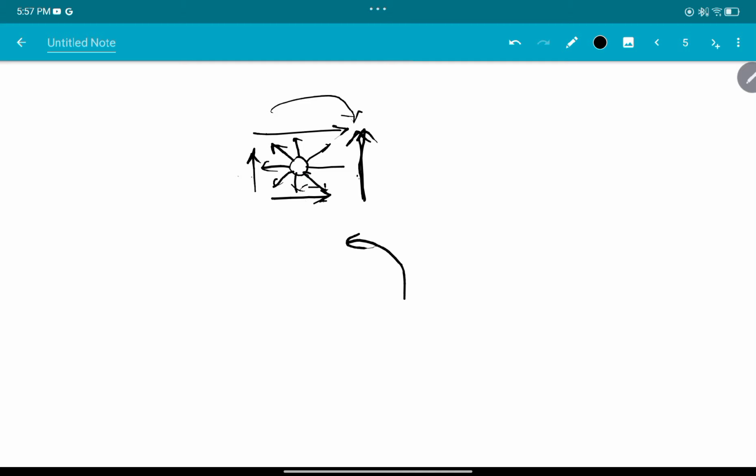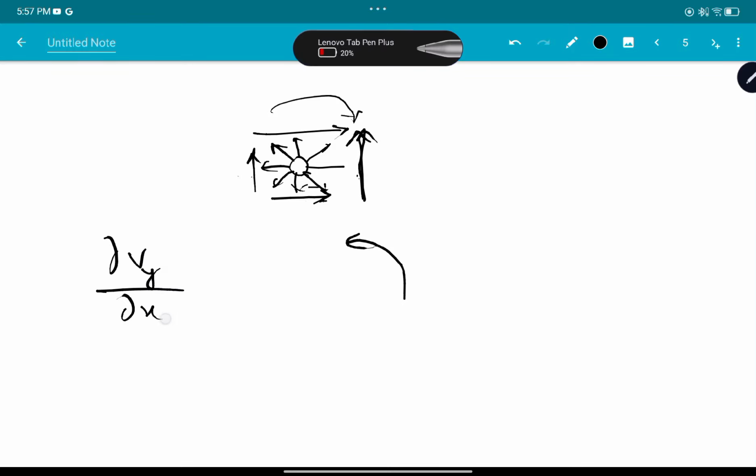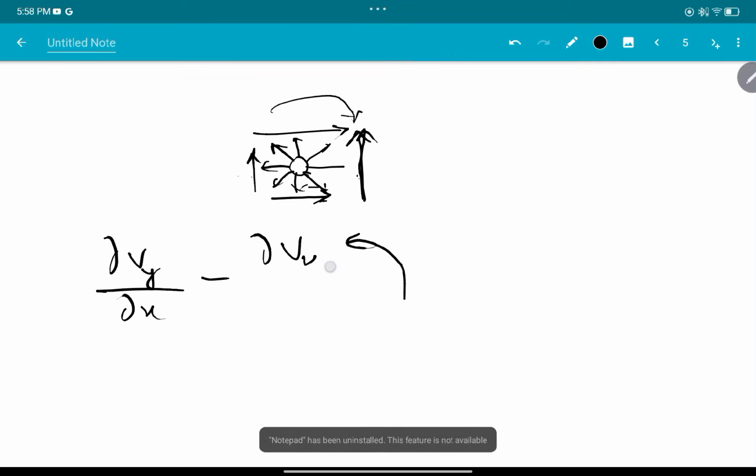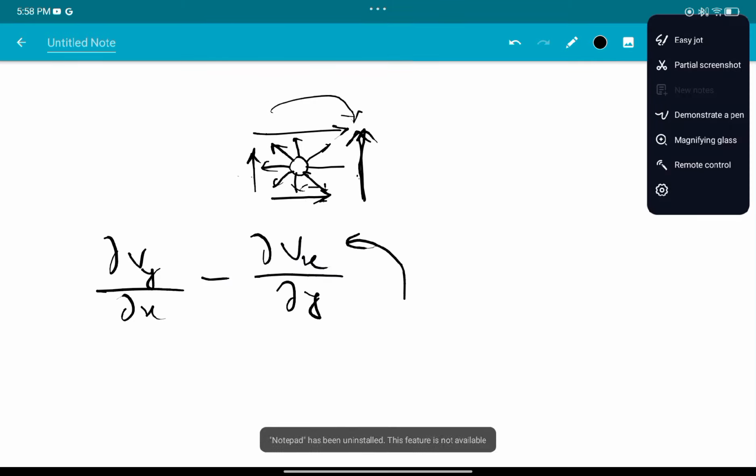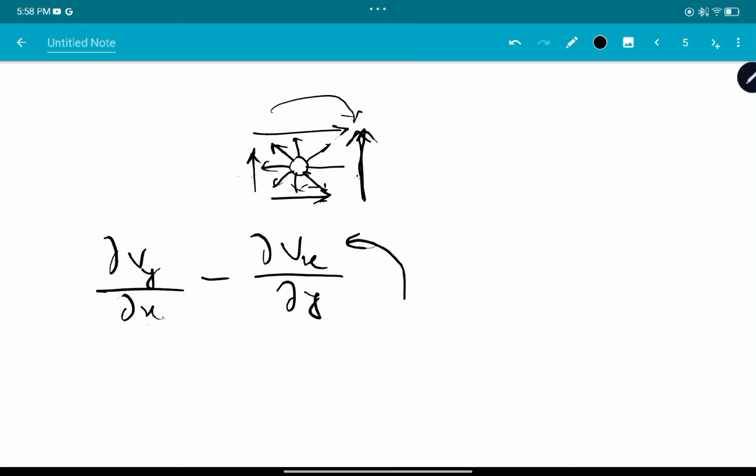This means that the tendency of the wheel to rotate will depend upon del Vy by del x minus del Vx by del y. Del Vy by del x tends to turn the wheel in the anti-clockwise direction, and del Vx by del y tends to turn the wheel in the clockwise direction.